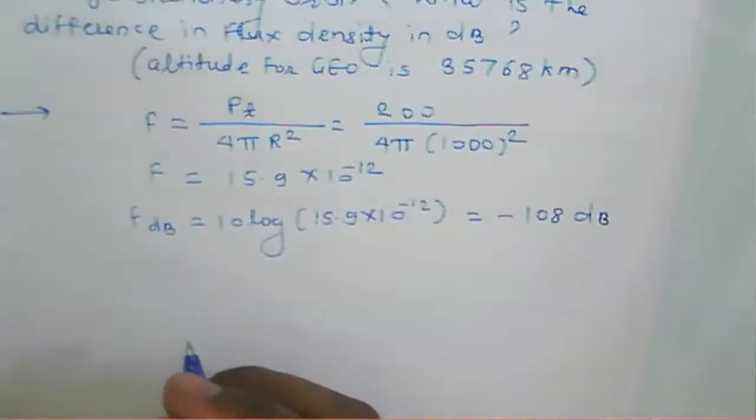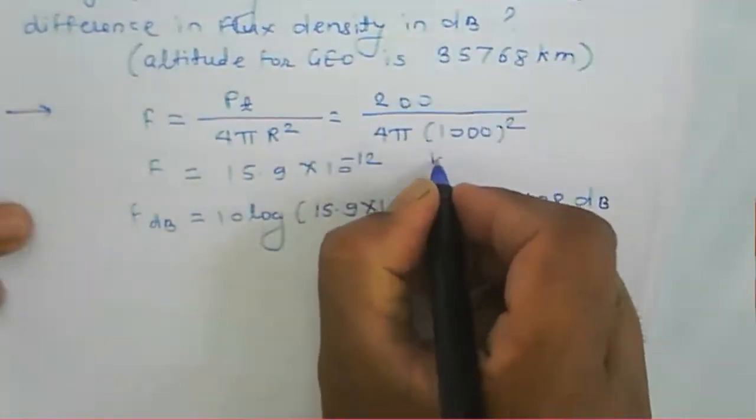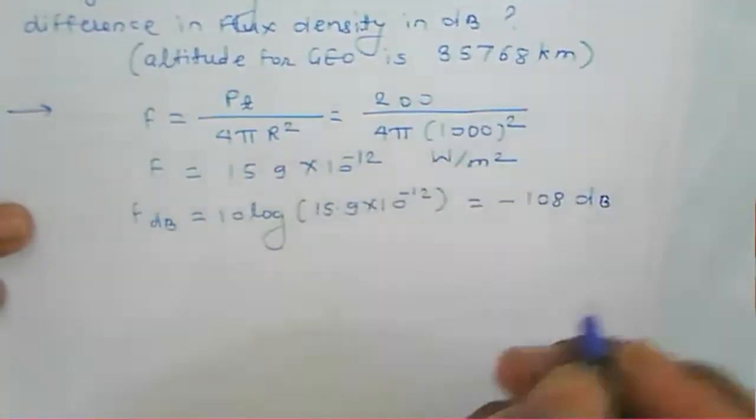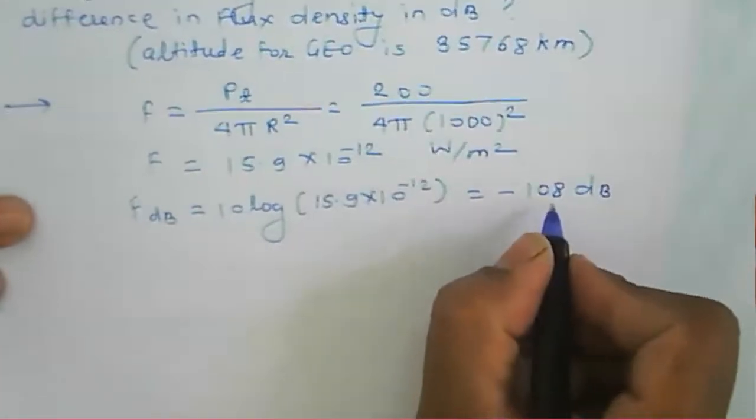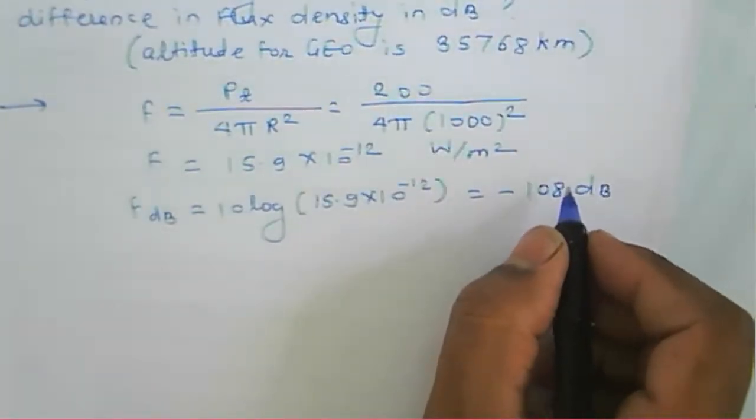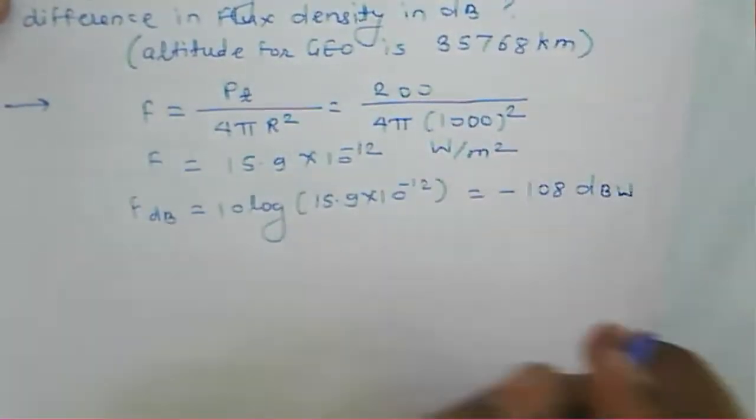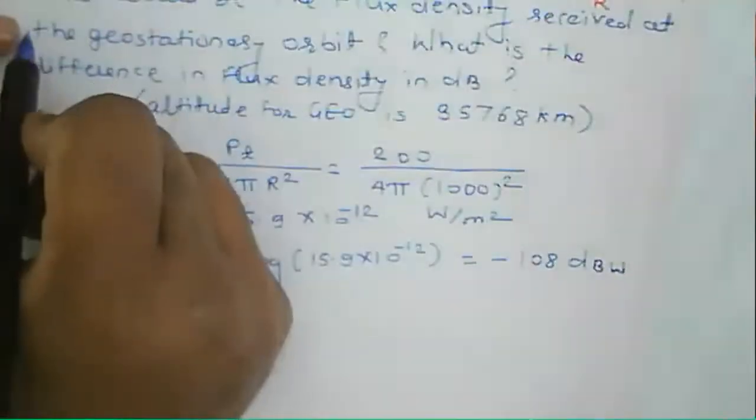That is the power flux, and the unit is watt per meter square, so it is in dB watt. That is the output. So that is the first statement.